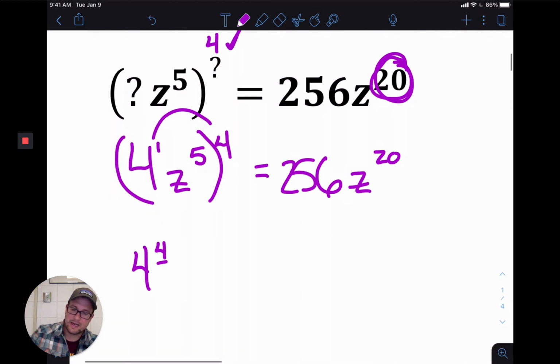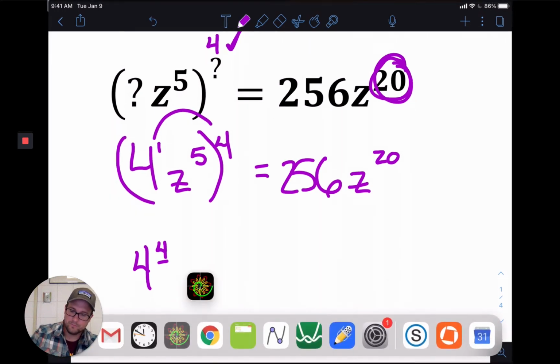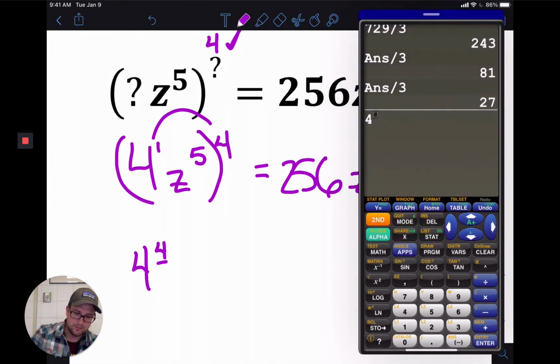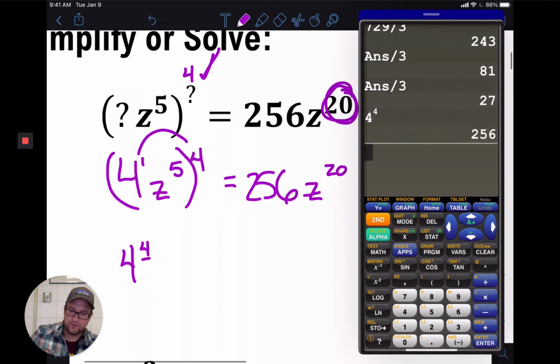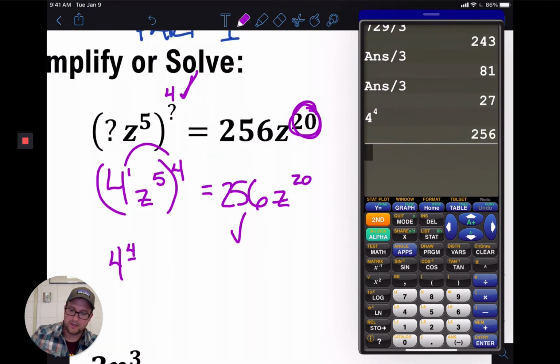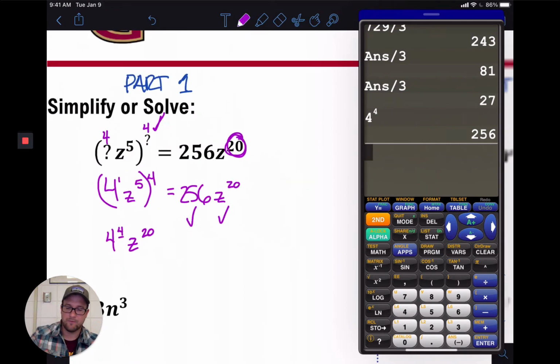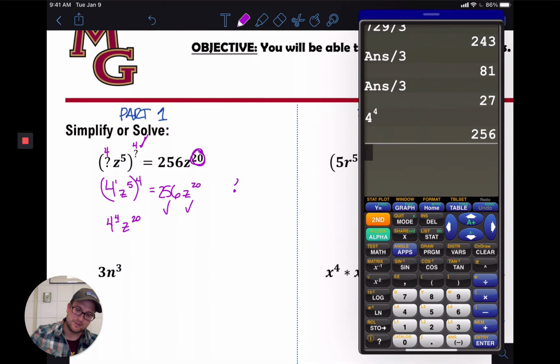And looking at that, 4 to the 4th power is equal to 256, which is what we wanted it to be. And z to the 5th times z to the 4th would be z to the 20th, which is what we wanted to see too. So we have correctly figured out that our question mark in both of these two spots must be replaced with a 4. So in this case, maybe we'd say question mark equals 4.